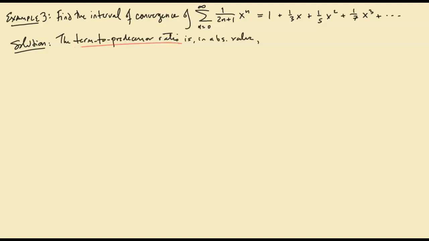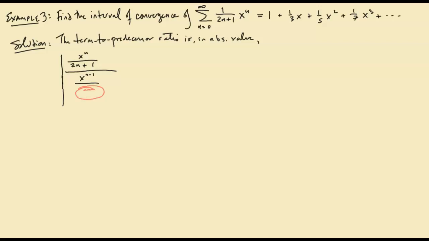So, the term-to-predecessor ratio is, in absolute value, well, here's the general term. We need to be a little careful with the predecessor. The top, of course, is x to the n minus 1 power, but the bottom is something I've seen students screw up too many times for me to let it pass without warning. I've seen people write here 2n. That is not correct.